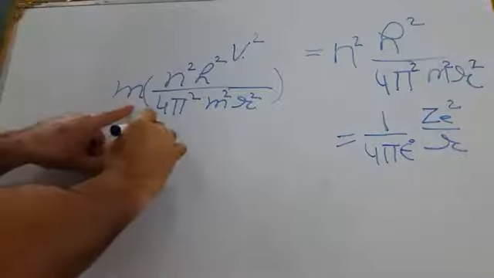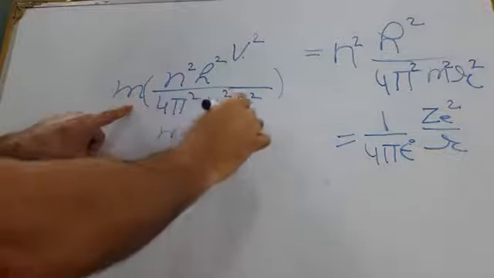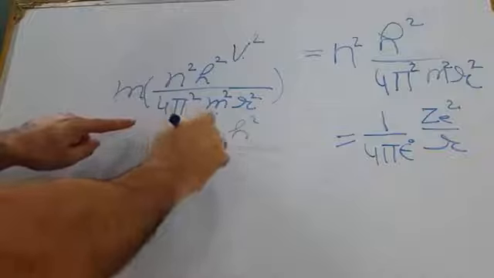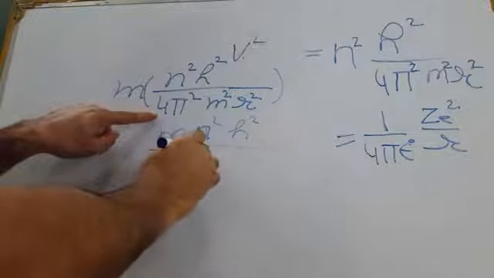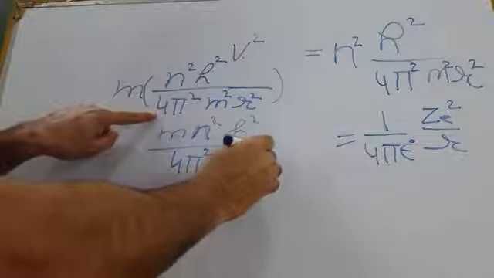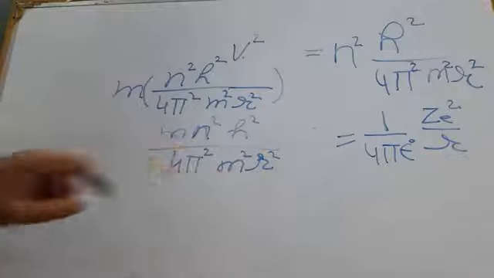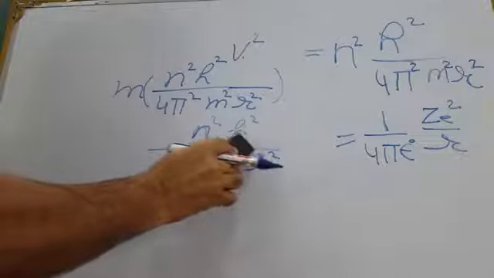Copying down m and h square upon 4 pi square m square r square. Here m square, then what is left? m is gone, and here m is left.